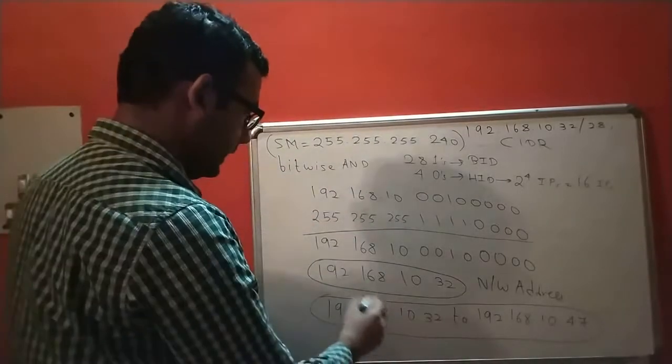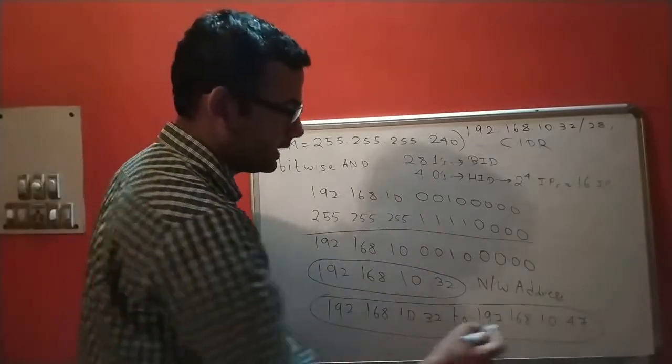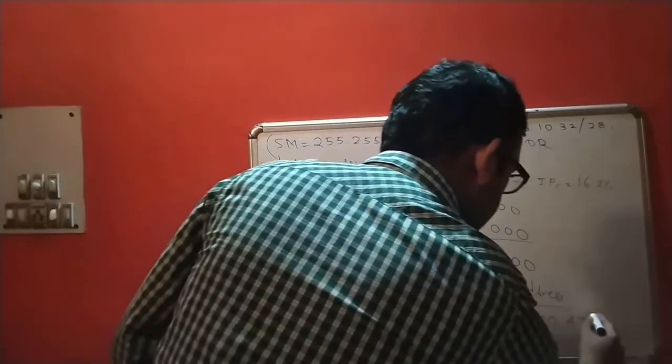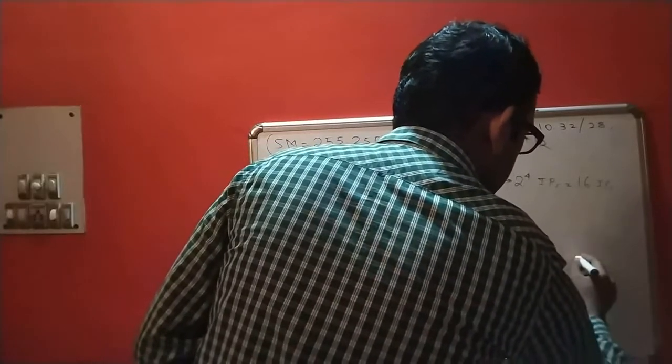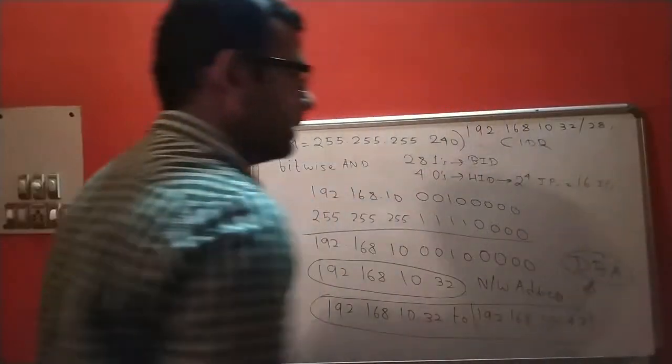One for the network ID, the first one, which is used for the network address. And the last one, 192.168.10.47, is used for the directed broadcast address.